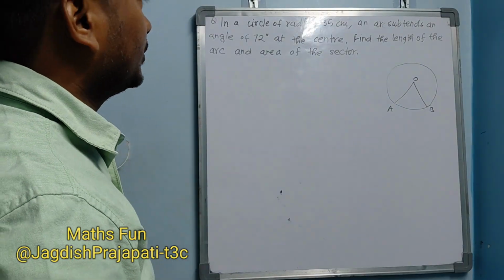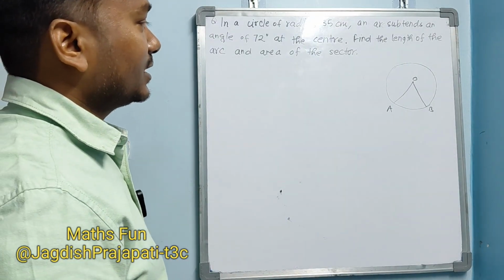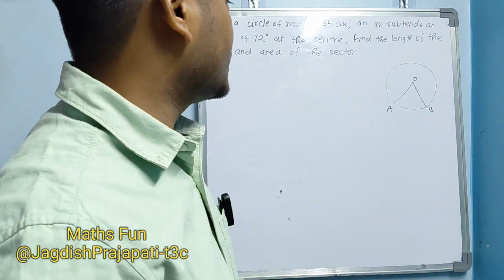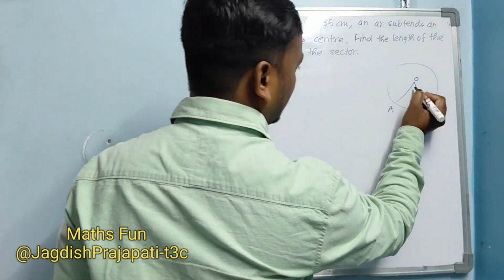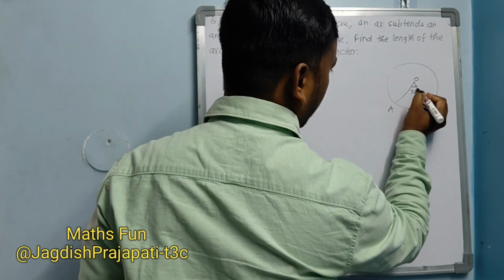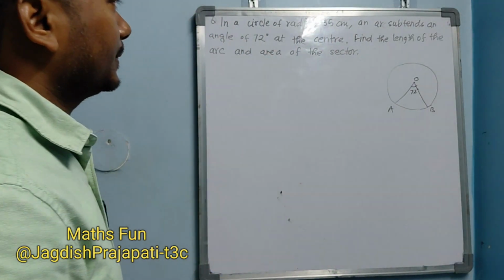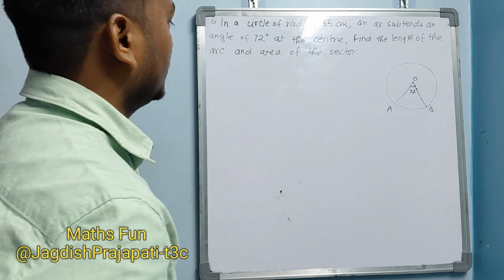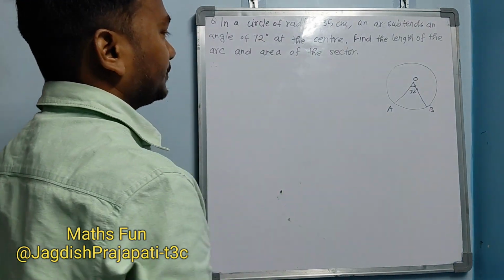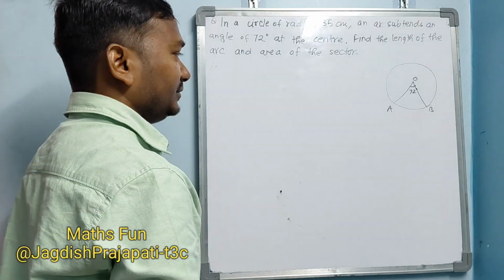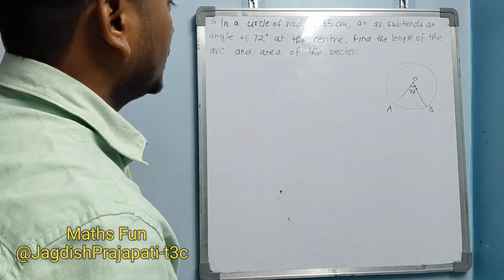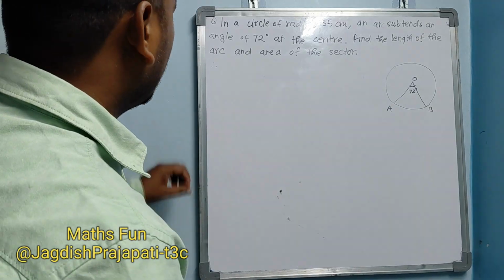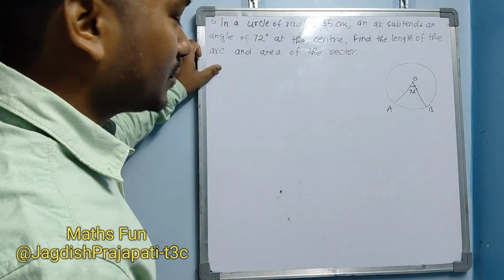Please write down: let AB be the sector that subtends an angle of 72 degree at the center.